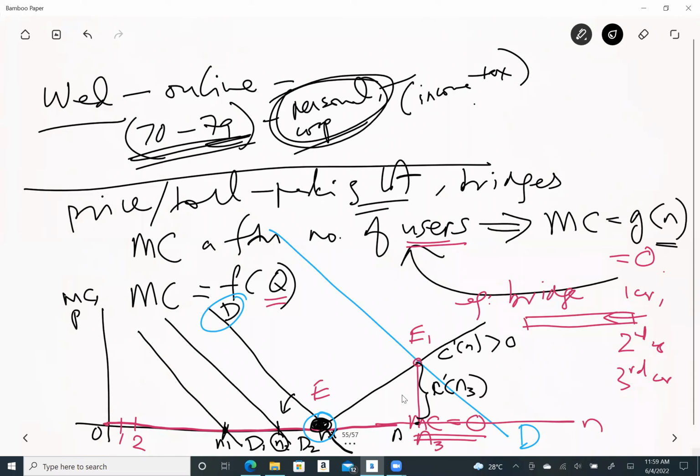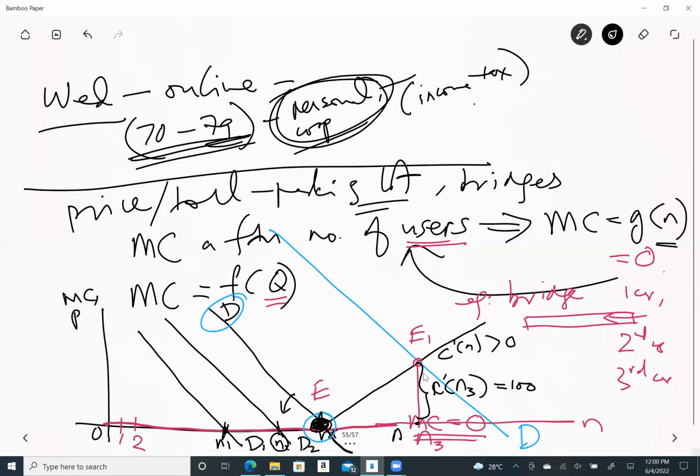So at E1, where the number of users is N3, we have congestion. Everybody incurs C prime N3. Or you can imagine, say, 100 ringgit. We incur the cost of 100 ringgit. As you know, at N star, C prime is 0. There is no congestion, everybody drives nicely.